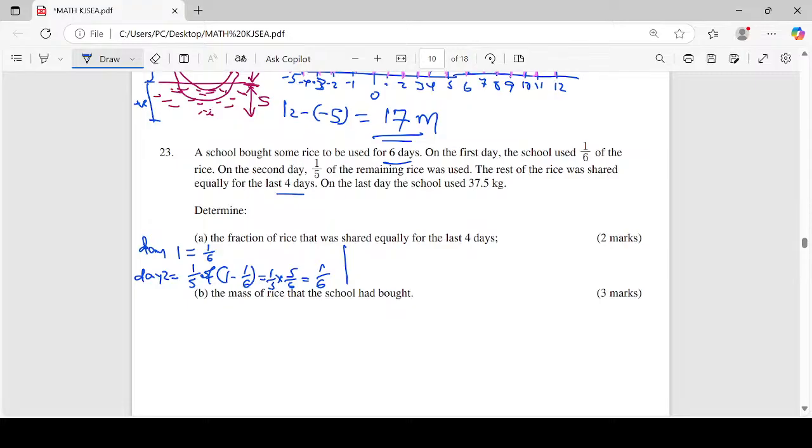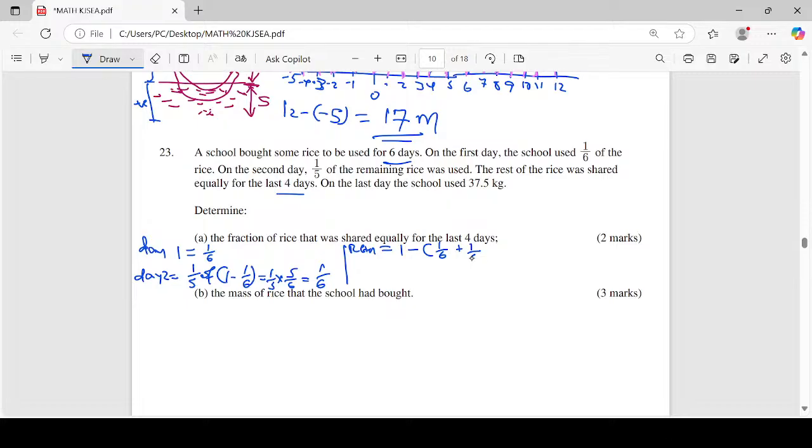To get the remainder that was shared for the last 4 days, I'll take the total fraction 1 and subtract what was used on day 1, which is 1/6, plus what was used on day 2.